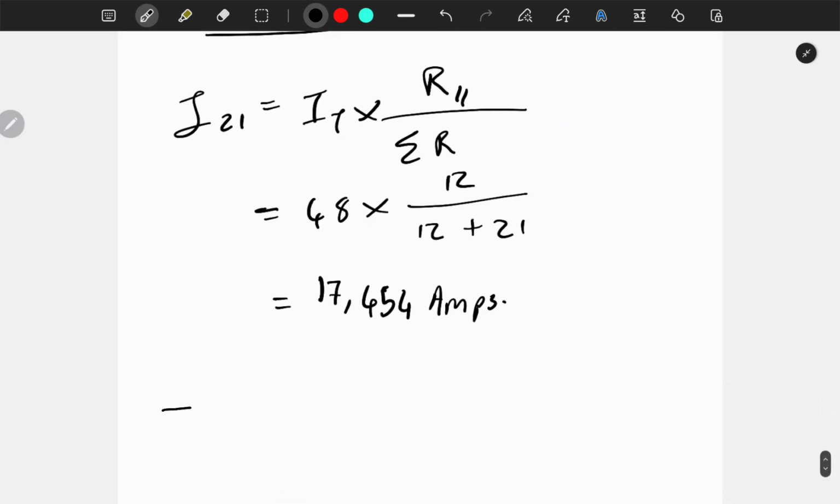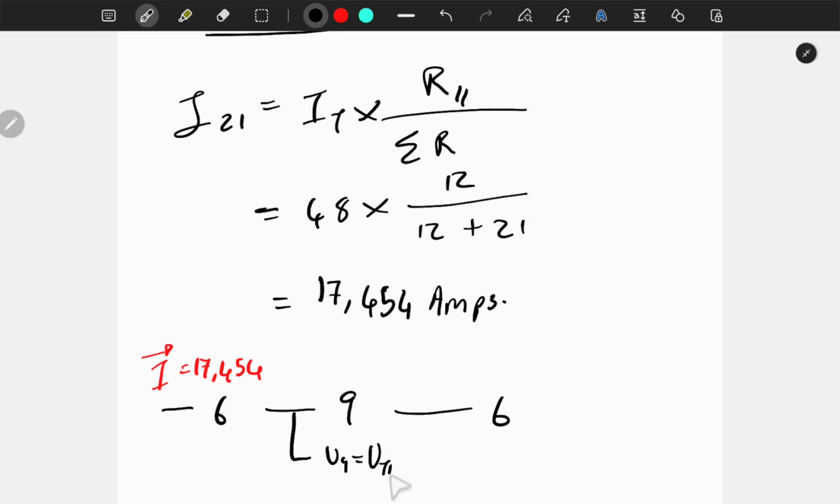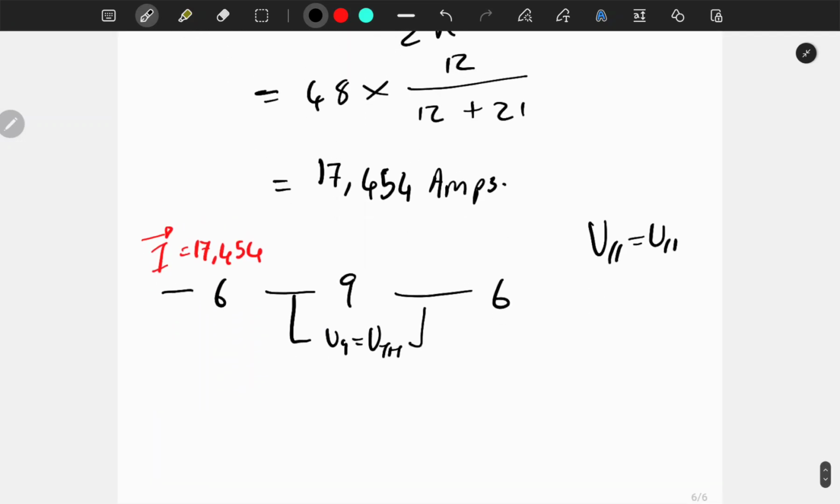So we have 6, 9, 6. We have a current here of 17.454, and we want to find the voltage at 9, which equals the Thevenin voltage, right? Because we know the voltage at parallel is equal. So therefore, we'll circle this one in blue also. That one circled in blue.